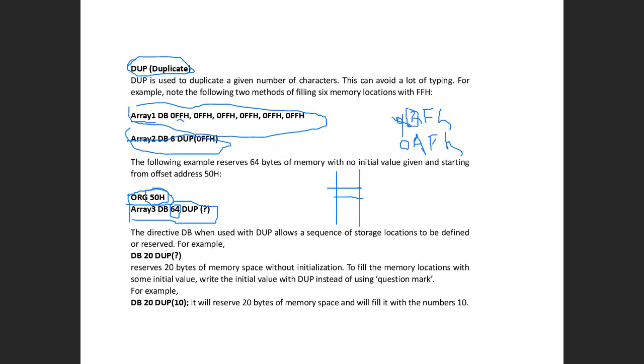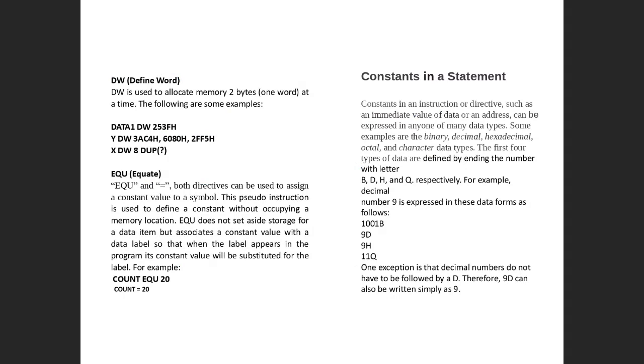But if we do not have any name, that means it reserves 20 memory locations of space without initialization. So there is no number, just empty. But if we write like this, it reserves 20 bytes of memory and fills them with the number 10s.